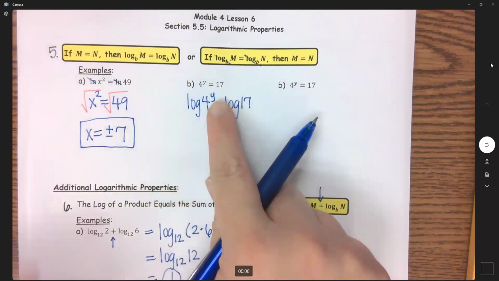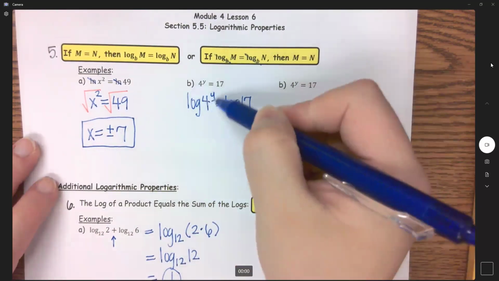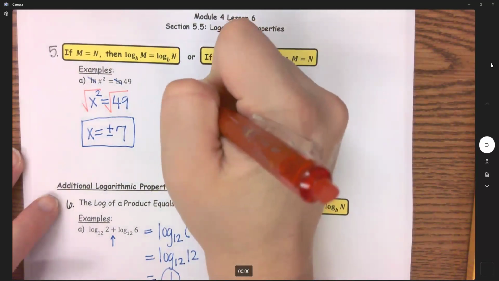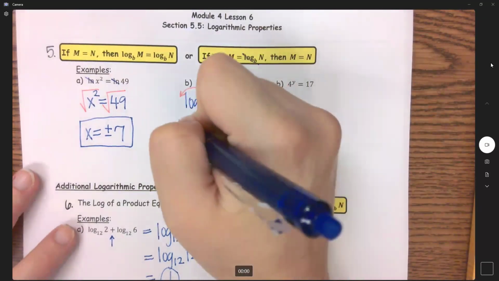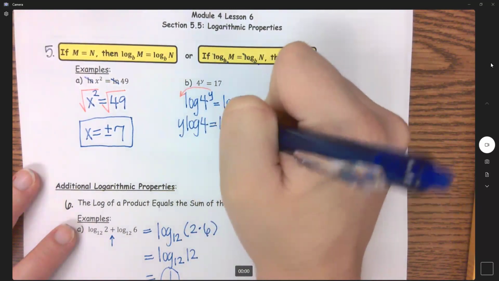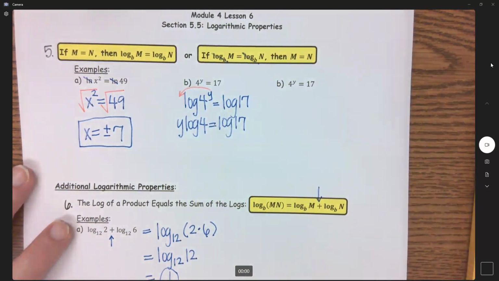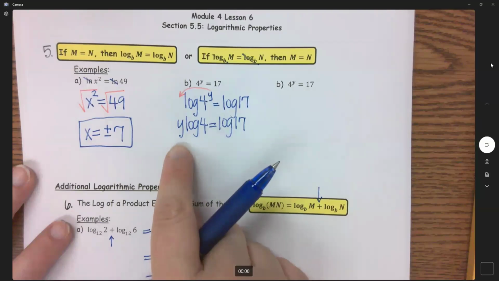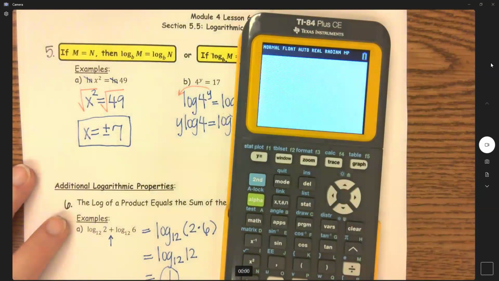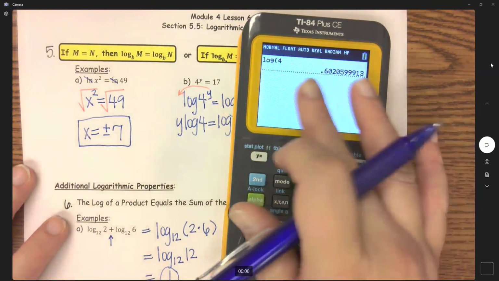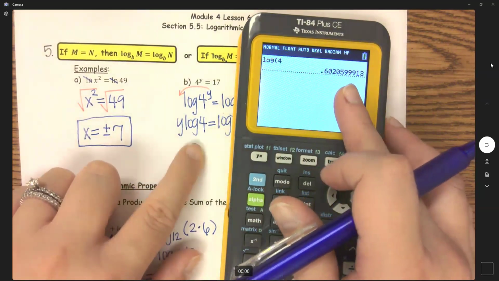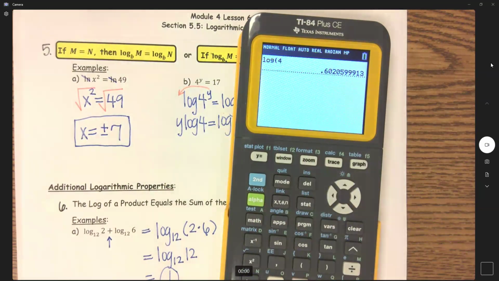Now, if I wanted to solve for y, I can take this exponent and I can move it in front, where now I have y times log of 4 equals log of 17. And if the goal here is to solve for this y, this is just y times a number. If I put into my calculator log of 4, I get a decimal here. Log of 4 is a number. So if I have y times a number, the opposite would be to divide it over.